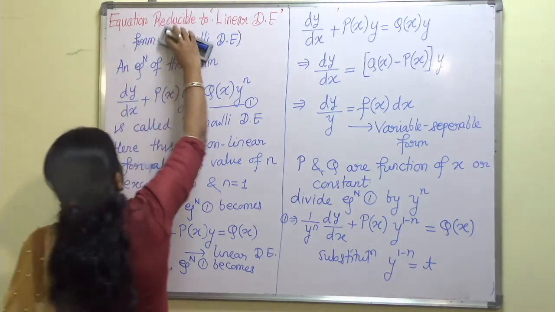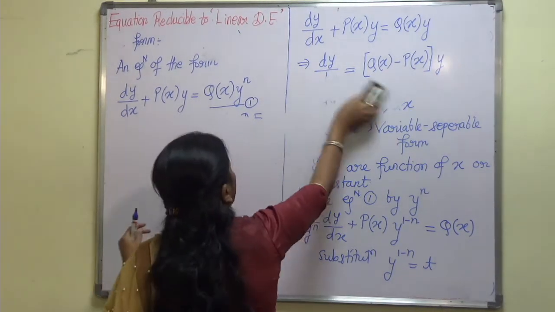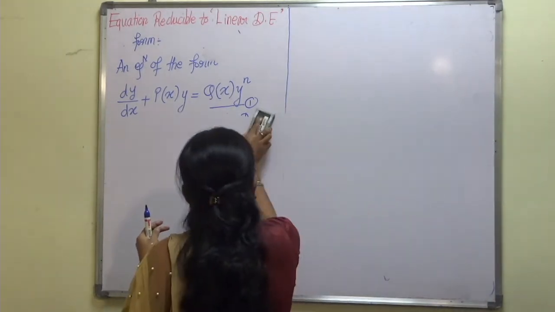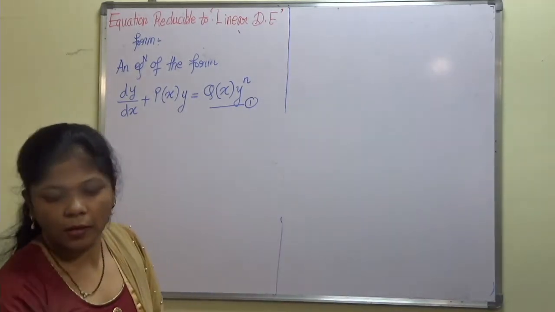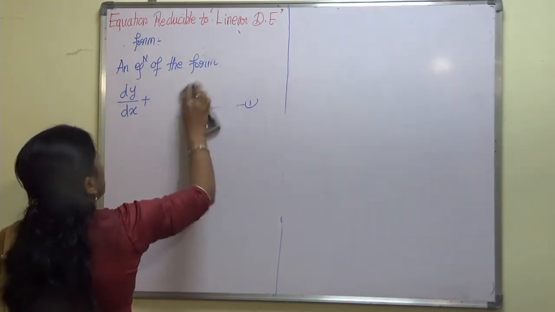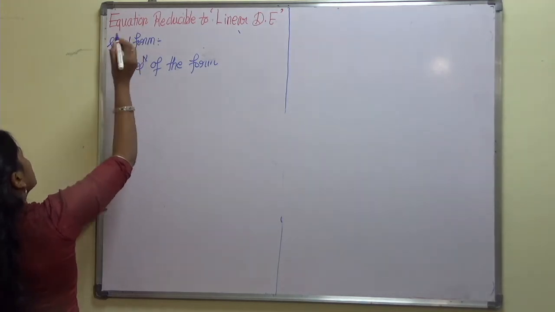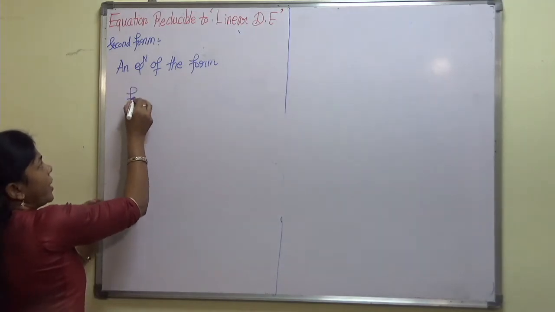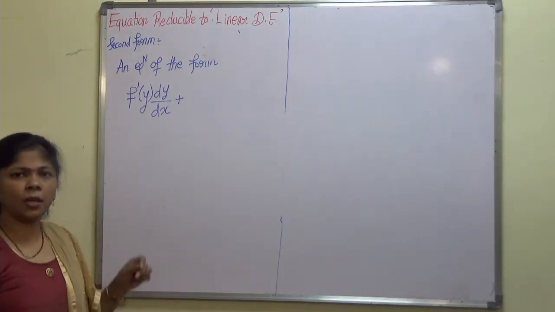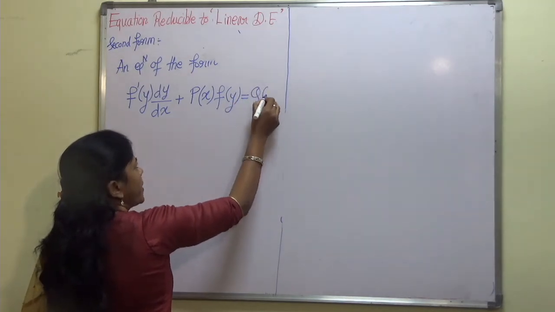Now what is the second form of the equations which are reducible to a linear differential equation? The second form is an equation of the form f dash of y into dy by dx plus p of x into f of y is equal to q of x.